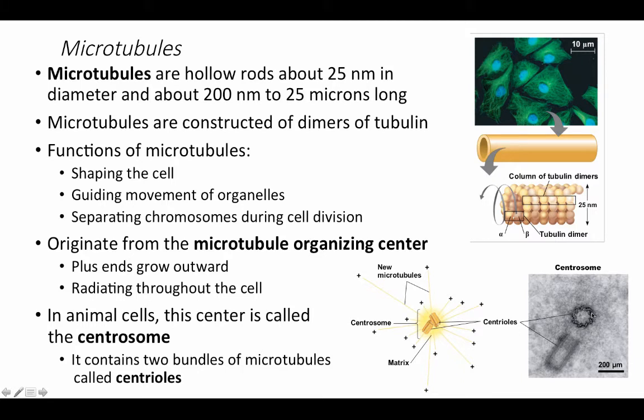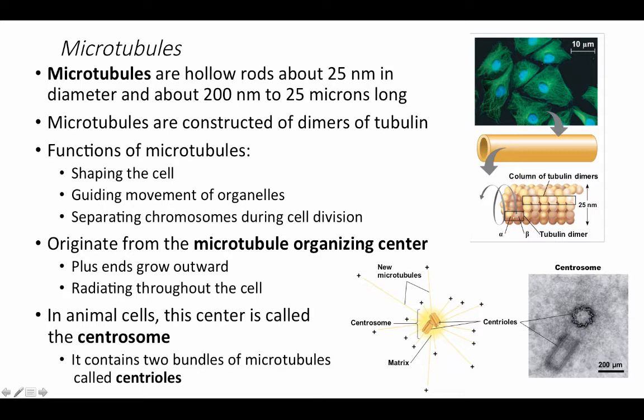So these are 9 triplets surrounding a central cavity, and the centrioles themselves are short little segments of microtubule, and they're just going to organize and send out this radiating array of new microtubules growing again toward their plus end.